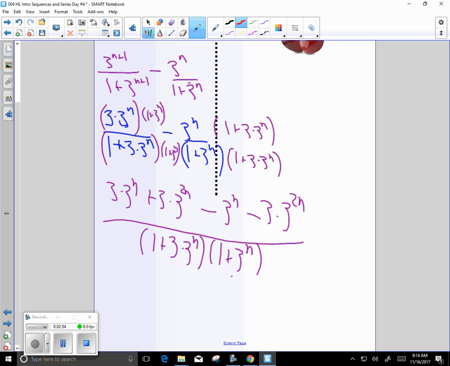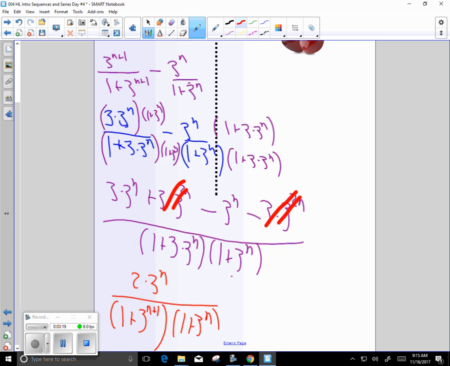Does it? What cancels out in the numerator? 3 to the 2n's. So what you'll be left with, well, 3 to the n's minus 1 3 to the n is how many 3 to the n's? 2 of them, over 1 plus 3 to the n plus 1, if you want to put it that way, 1 plus 3 to the n.